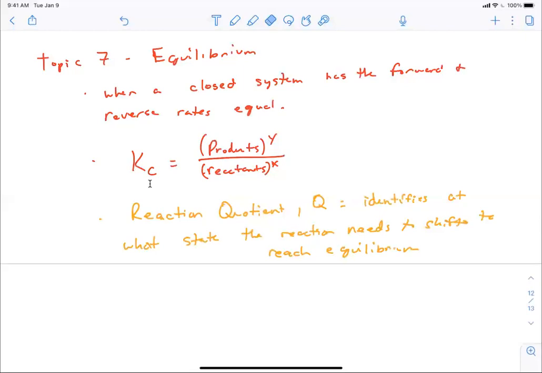It may already be at equilibrium, or it may have to shift left or right to reach equilibrium. So that Q value is solved for the same way as K, but we compare Q to K to figure out how that affects it.